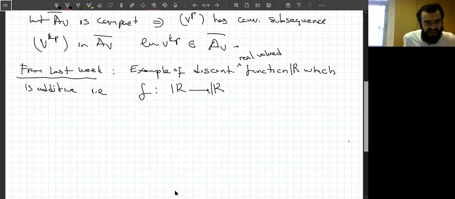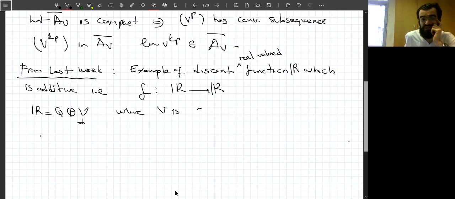So last week I tried to write R as a direct sum. Last week I defined V, which obviously only contains 0. Then it is not a direct sum, but I will write it as a direct sum where V is a Q vector subspace of R. How?